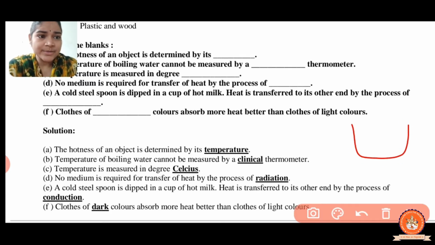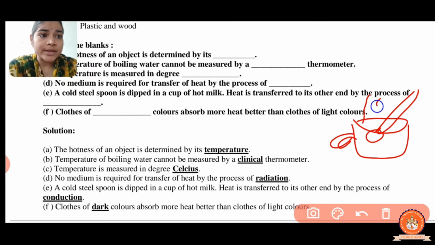The spoon is cold, whereas the milk is hot.